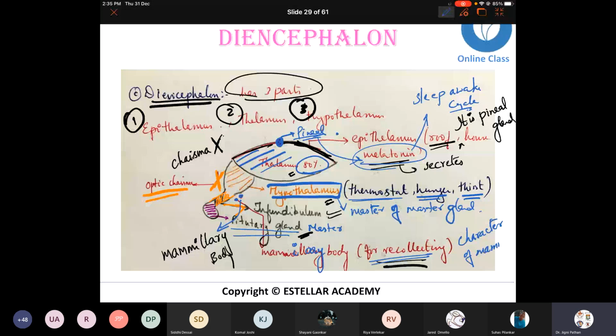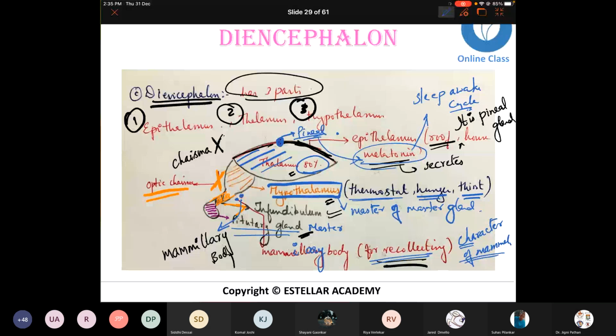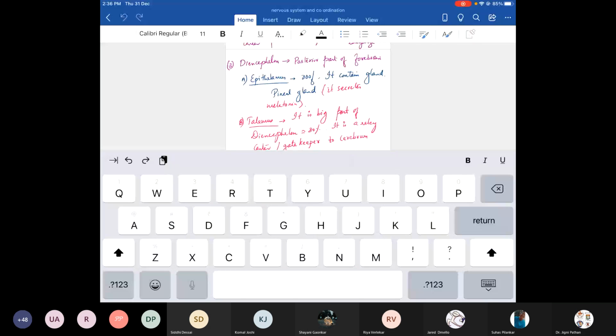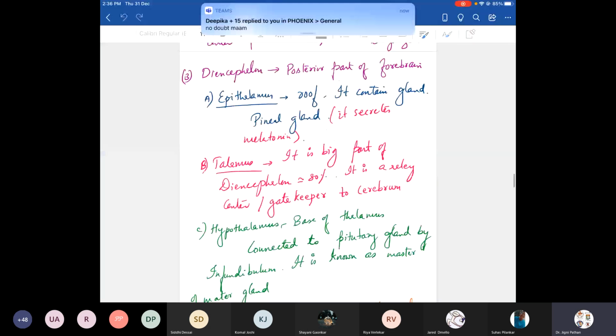The presence of mammillary bodies is an important character of mammals. Is this point clear to all? Any doubts here? Now please write this down. Come on, quick.